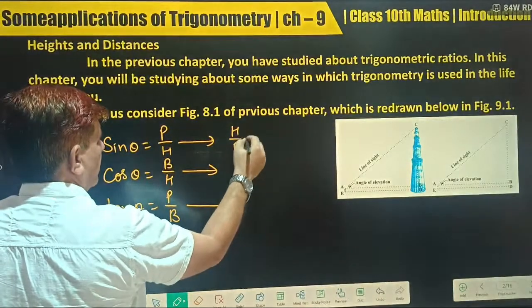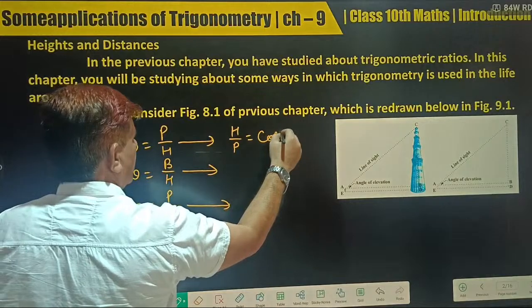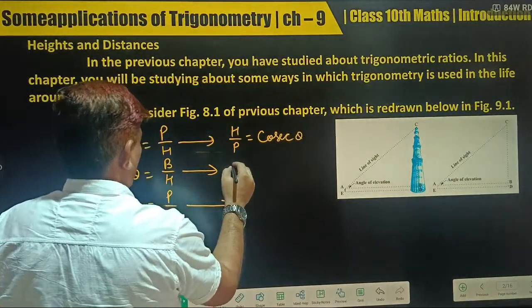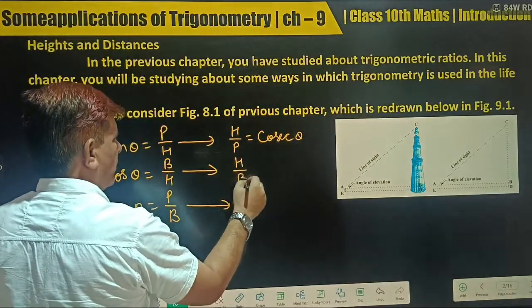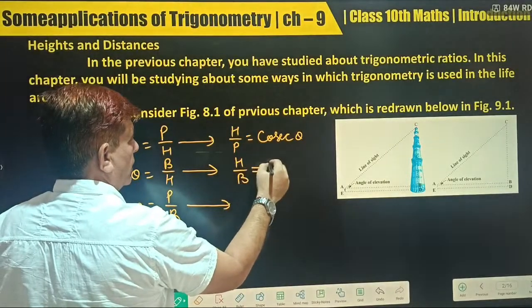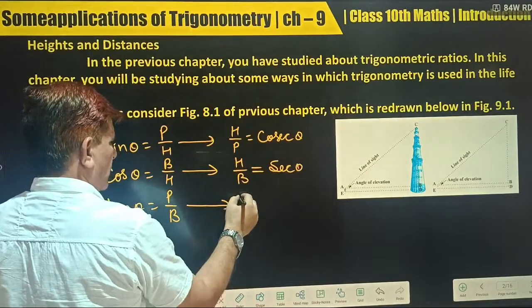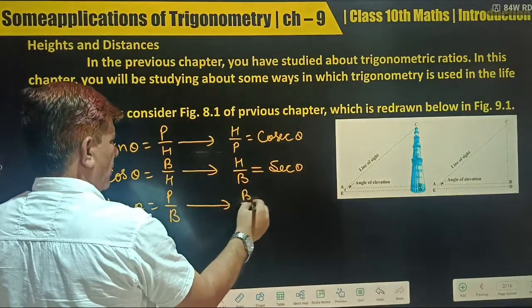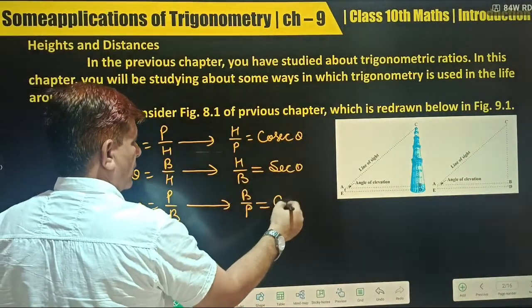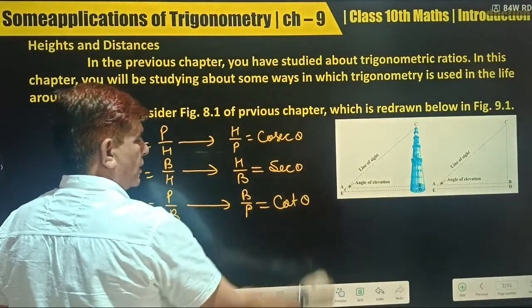H by P is cosecant theta, H by B is secant theta, and B by P is cotangent theta.